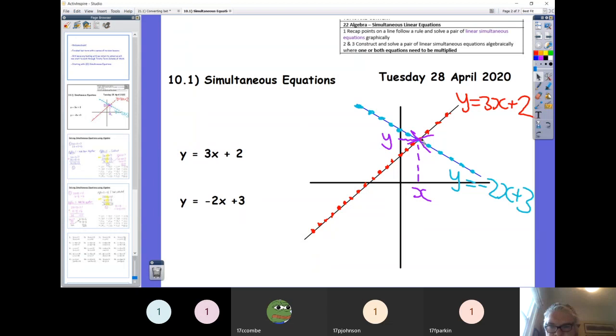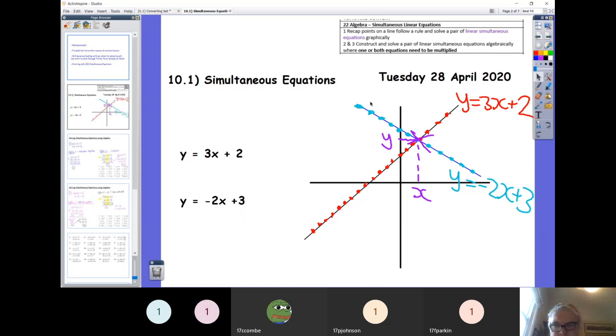So this coordinate here, whatever it might be, for example, it might be x being 2, y being 5, that works in both of these equations. So all the algebra that we're going to be doing from now on is to enable us to work out this coordinate where the lines cross. We will be working out an x value, and then secondly, we will be working out a y value.